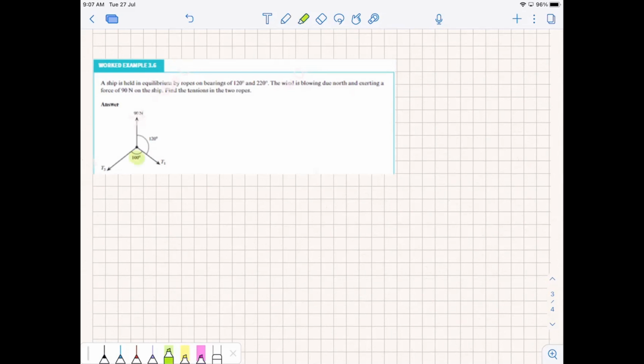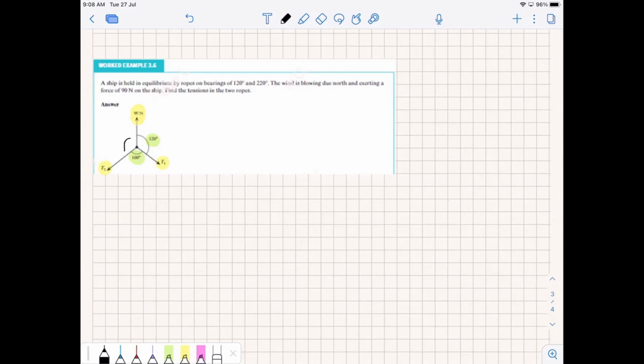We have two angles and we have the length of one of the vectors that's opposite one of the angles that we know. And we've been asked to find the tension in the other two ropes, right? Now, obviously, this is a circle, so based on the information that we have, we can already work out what the missing angle is, right? It's just angles around a point.